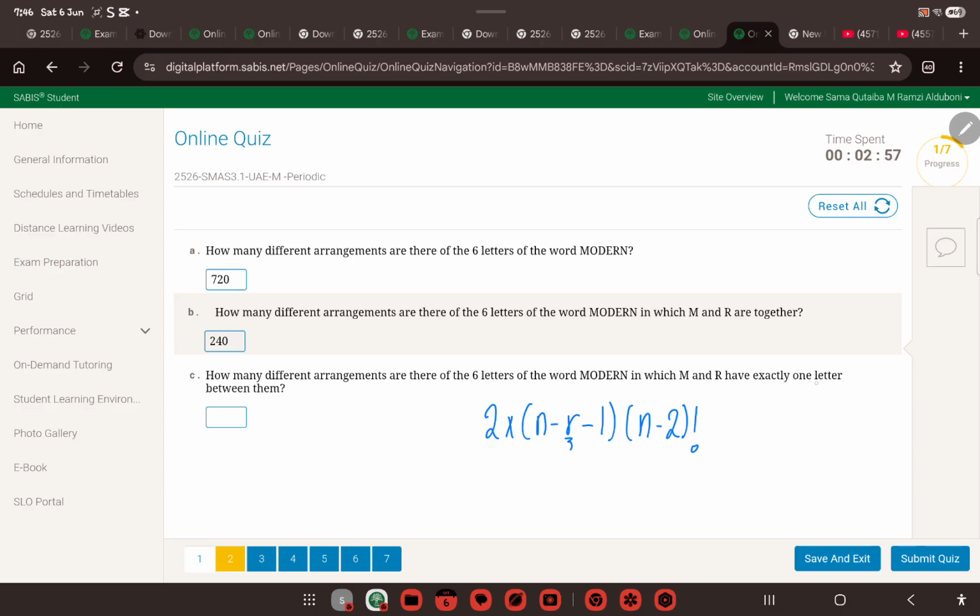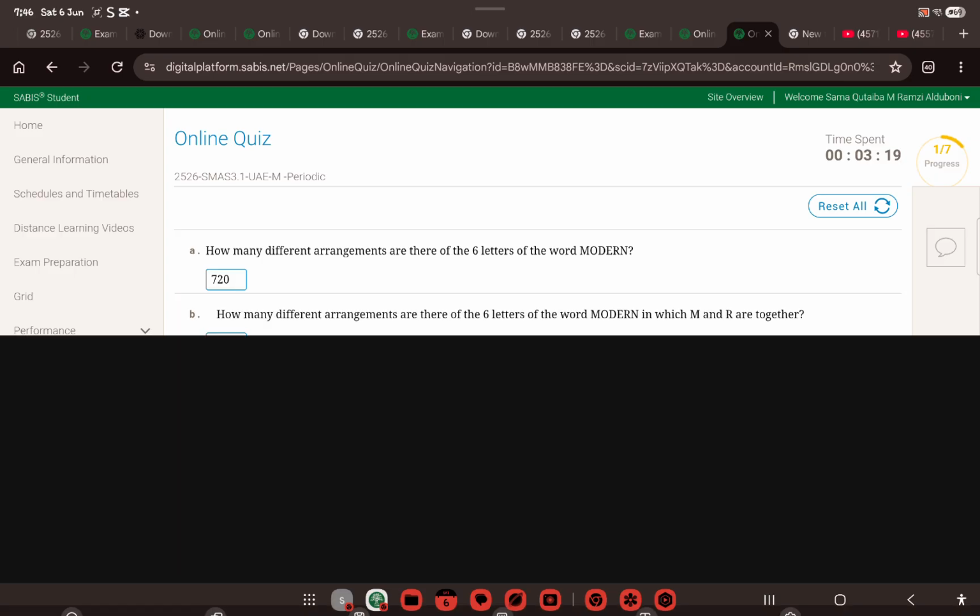Here in this case there is 1 letter between them and we have n to be 6, so we do 2 times 6 minus 1 minus 1 times 6 minus 2 factorial. You should get 192.